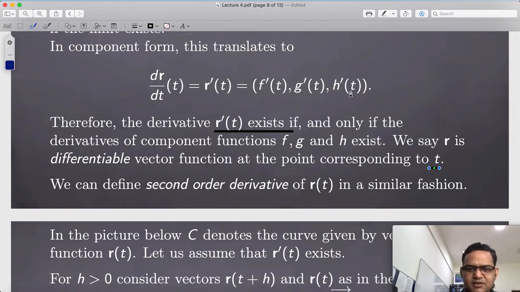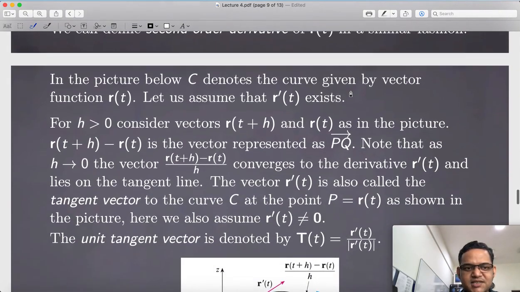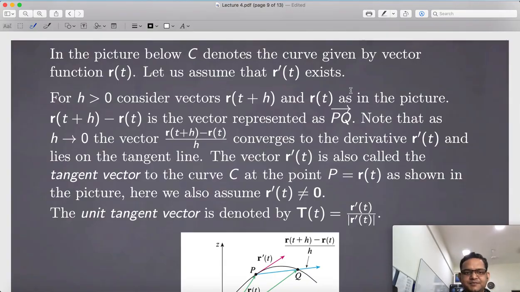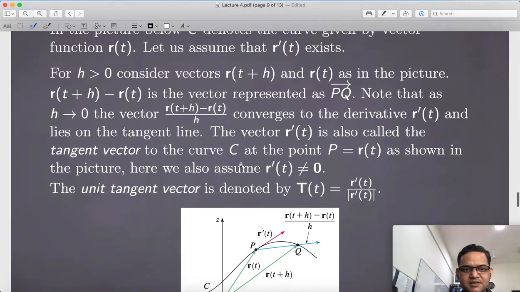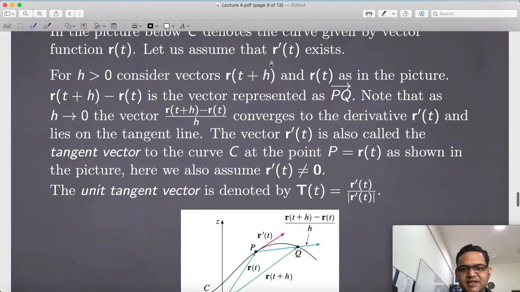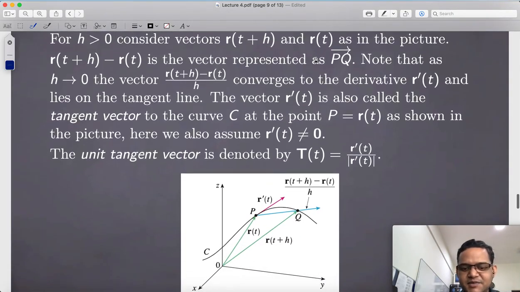Now let us see what this derivative does, what it basically tells us. The picture is important here. Assume that you started with a vector valued function for which r prime of t exists, and let us see what the derivative is telling us.